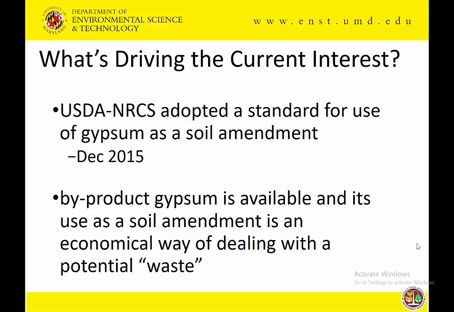And byproduct gypsum is believed to be one of the things people may choose to use, obviously as a way of helping, in some cases, in our soil system, as well as dealing with what might otherwise be a potential waste. For use in a cost-share NRCS practice, there are requirements for purity, and if you haven't looked at Standard 333 and want a copy of it, let me know. I've got it on my computer, and I can easily send it to you.